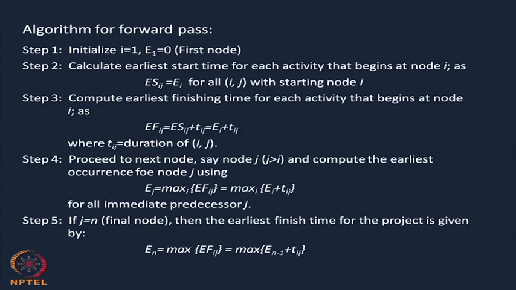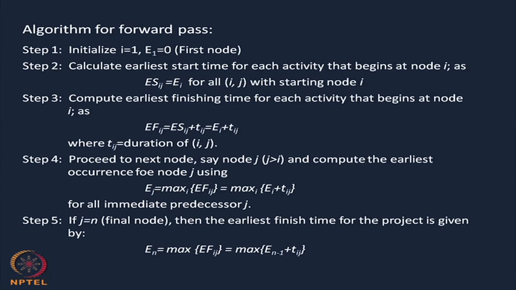The next step is to calculate the earliest start time for each activity that begins at node I, E S I j, which equals E I, for all I j with starting node I. Then step 3: compute the earliest finishing time of each activity at node I, denoted E F I j.